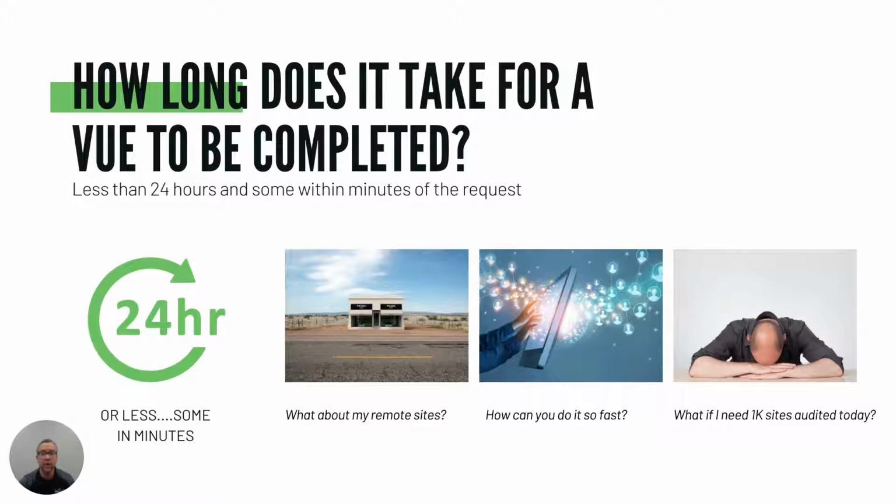We can do it that fast because of how large we've built our viewer network to be, and how much it continues to grow each and every day. So whether it's 10 locations or 10,000 locations, you're going to get that same speed, same quality.